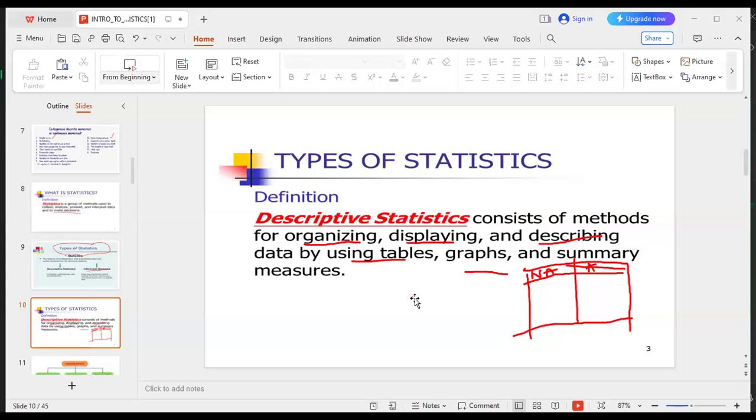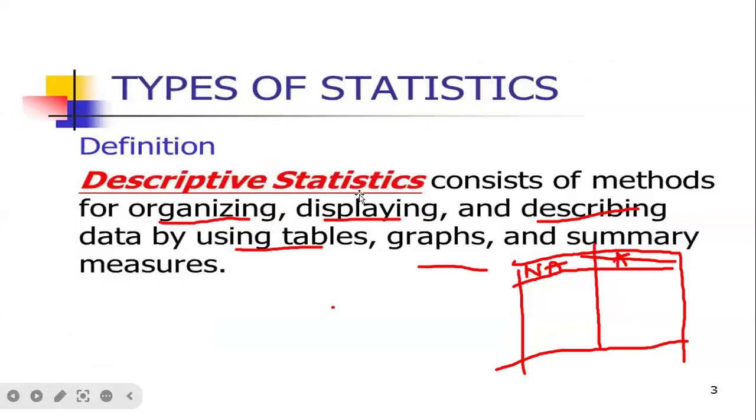I can have student A there and student B there. Then I can say student A is 20 years old, and the other one is maybe 27. So I've represented the data here by using a table, and this data is describing the age of the students. We term this data as being a part of descriptive statistics.